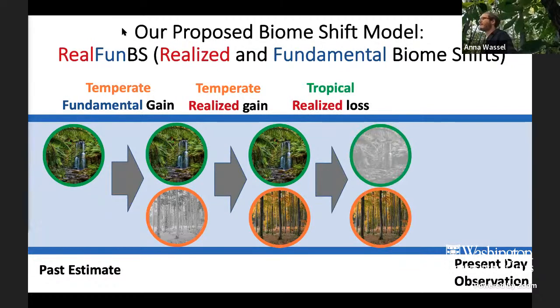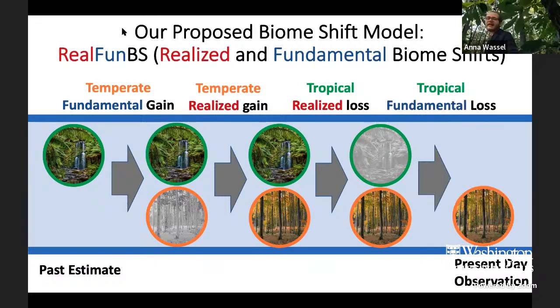It can still survive in them, but something changed: biotic interactions, its dispersal axis, the environment shifted out from under it, no longer in the tropics. And then it eventually has that fundamental loss. Now, this is a very step-by-step process, which might not always be realistic. Sometimes you could totally go from having no affinity for something to having the affinity and being there, gaining the realized and fundamental. And that's cool. We account for that as well.